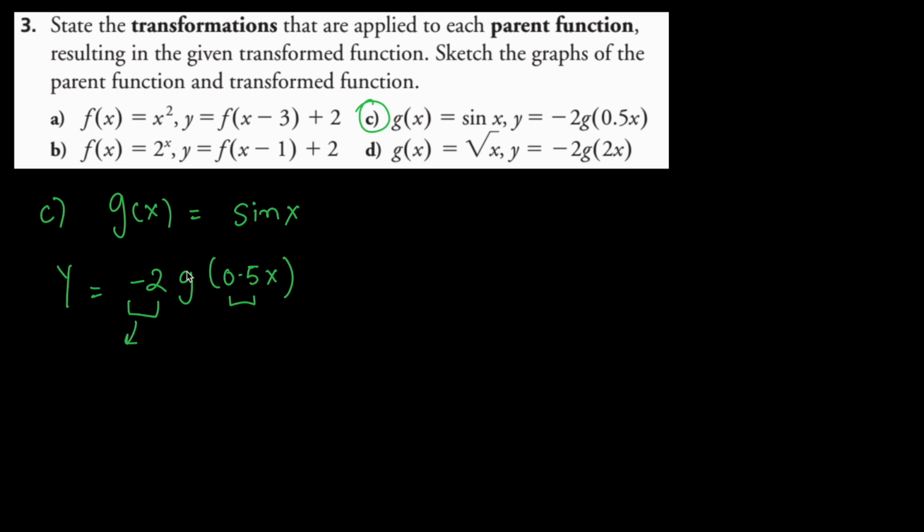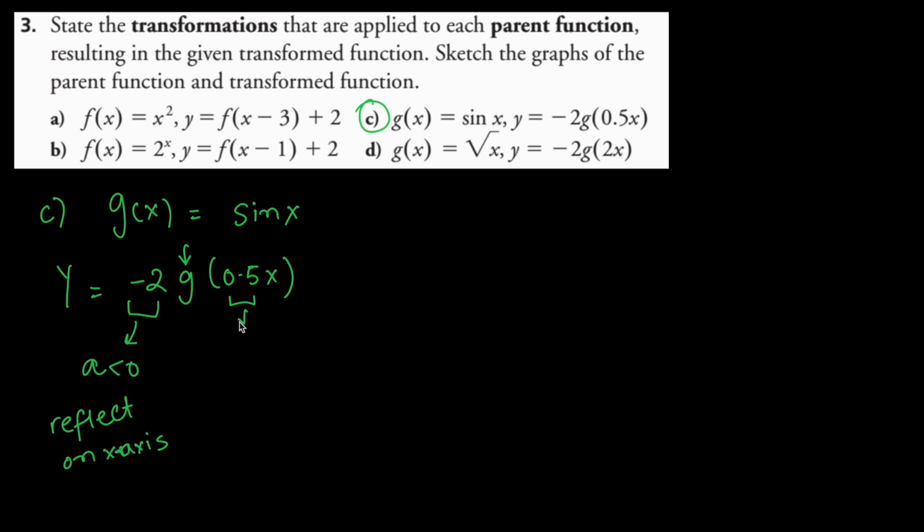First is -2. Now in place of f, I have g. So g is playing the role of f. That means -2 is representing what? It is a. So whenever a is negative, that represents reflection on the x-axis.